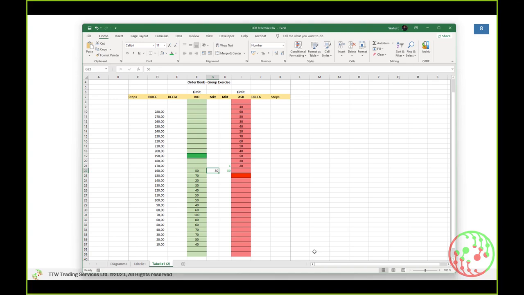So, given we understood someone must buy 50 from the ask and then lift the price, the next one lifts the price to 170.